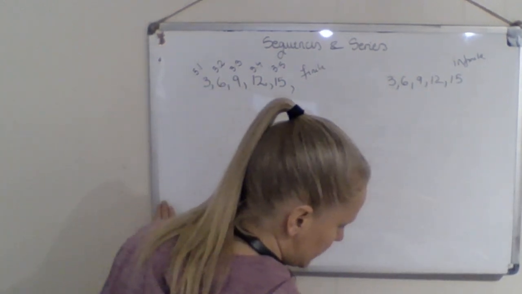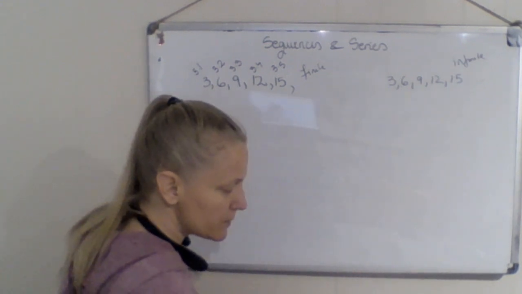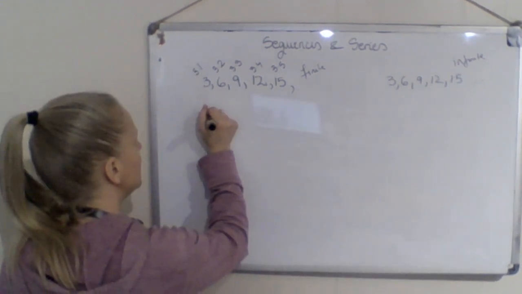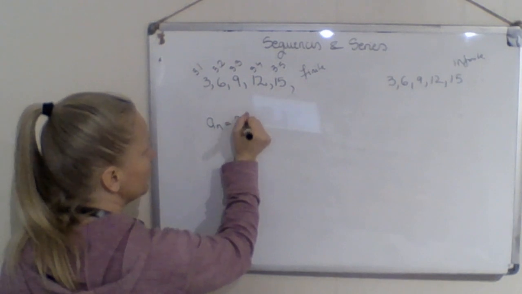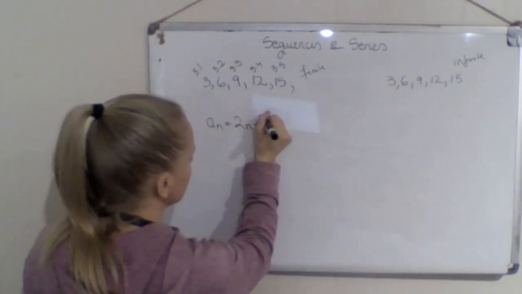It says, write the first 6 terms of the sequence, and here they give you the rule. an is 2n plus 3 for the first one.